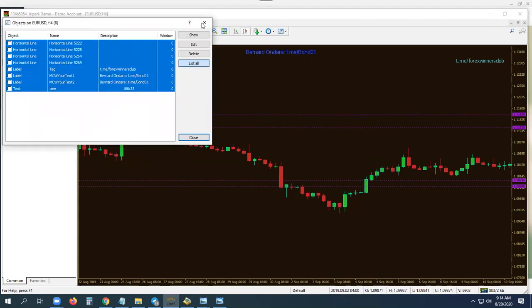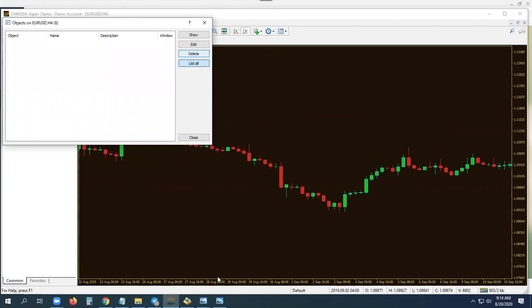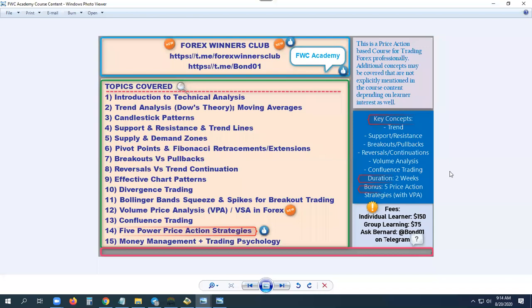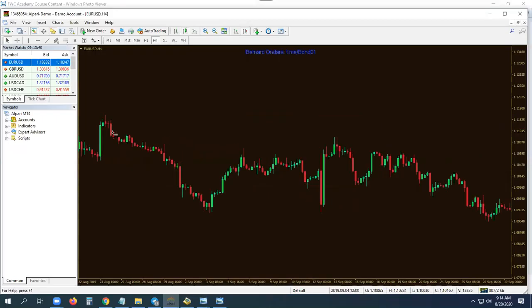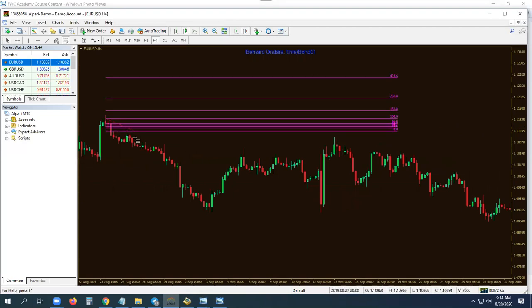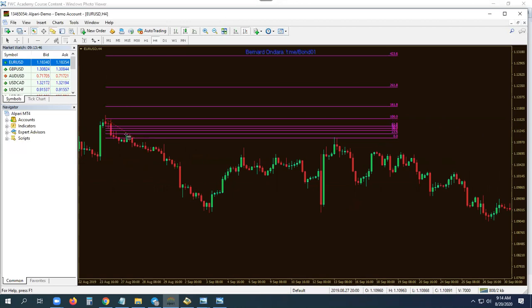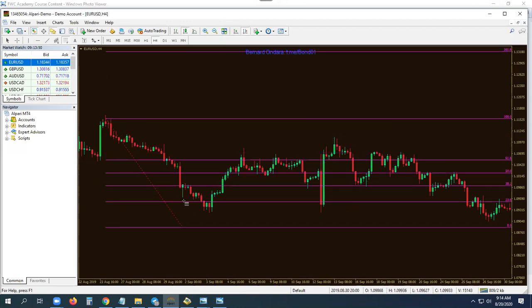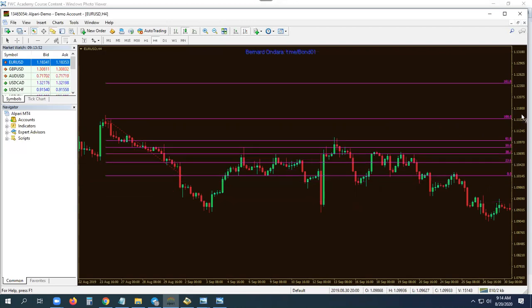There is something I did not tell you about this: Fibonacci extensions. You will notice that when you draw Fibonacci on your chart, look at that carefully.